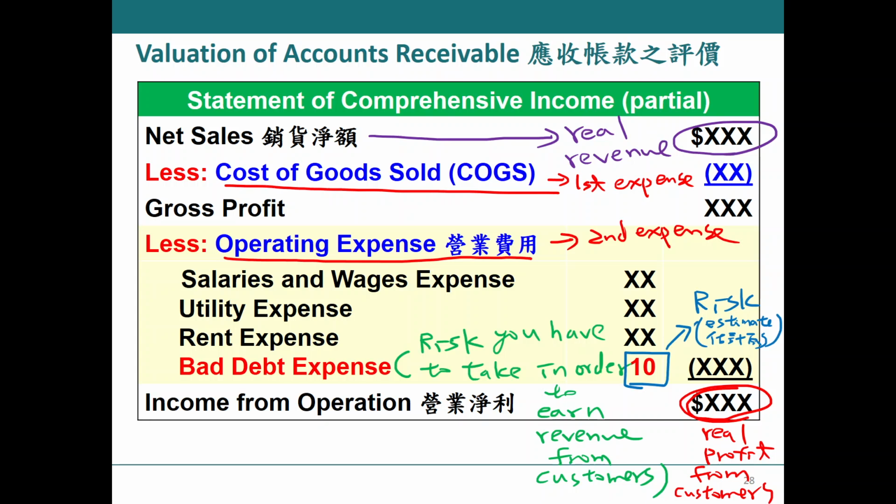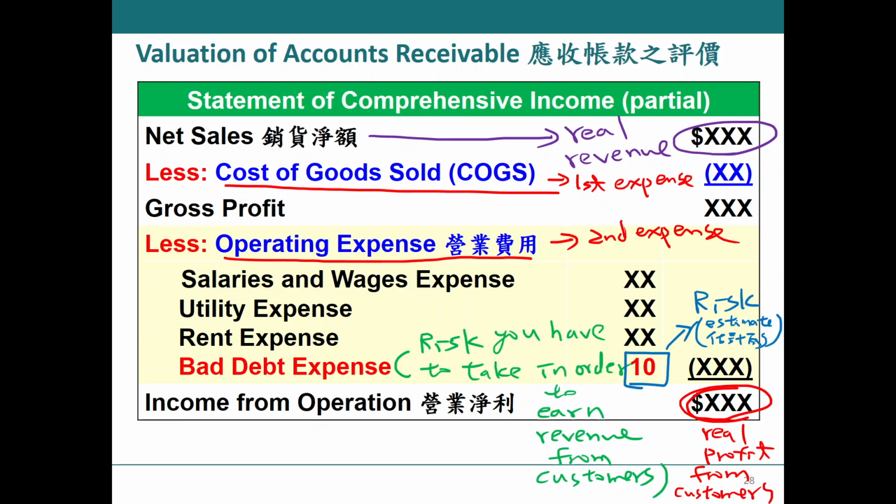Any questions? No problem? So the whole concept, we've done the whole concept already. Okay? So based on the whole concept, right now we want to tell you accounting methods, how to get the final result like this. So we show you the final result like this.